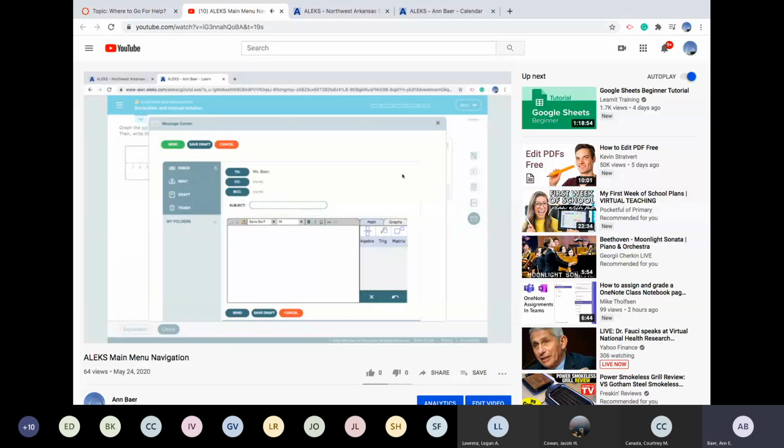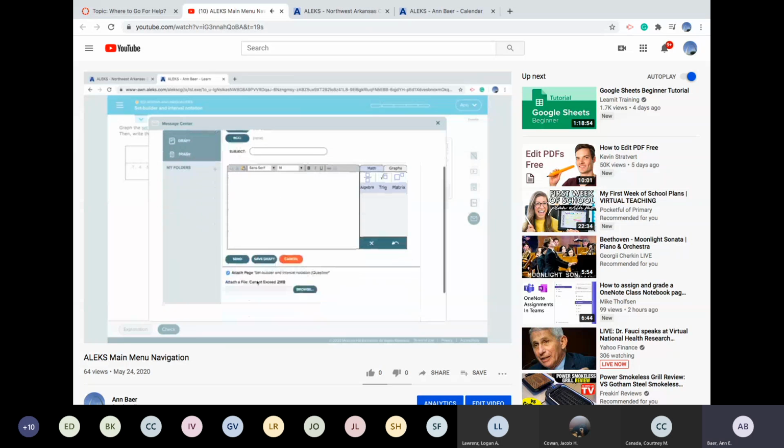So what you want to do, though, is provide enough information so that I know exactly what your issue is. So you can type it in. You can even attach a file here. So you can write your work down on paper and then take a picture of it or scan it in and email it to me. Please provide me lots of detail as to where you're having your issue.